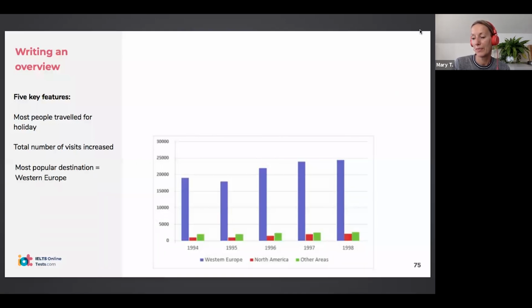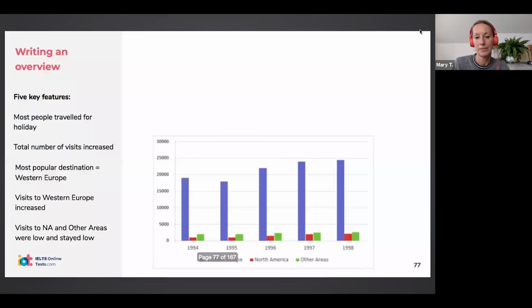Fluctuations. Yeah, anything else you can see there? Yes, yeah, that's right. So the visits to Western Europe increased. Okay, so that's another thing.